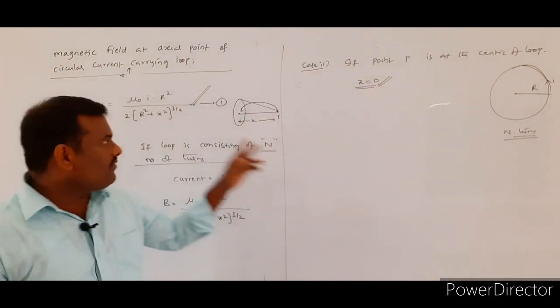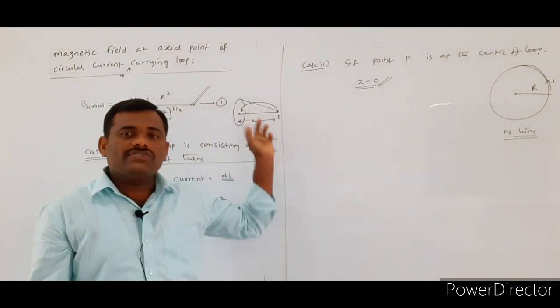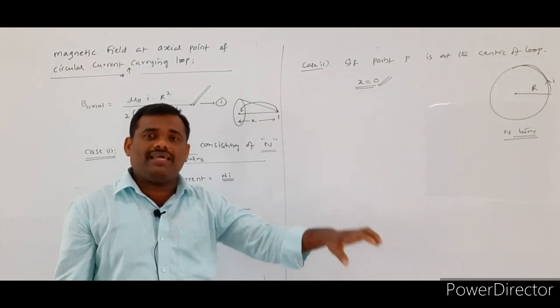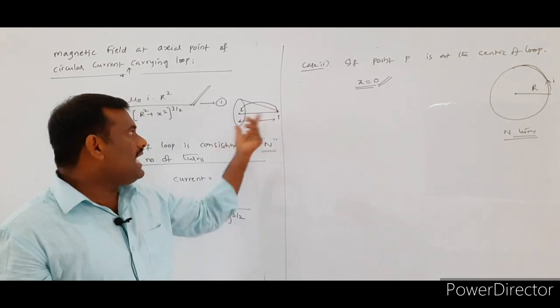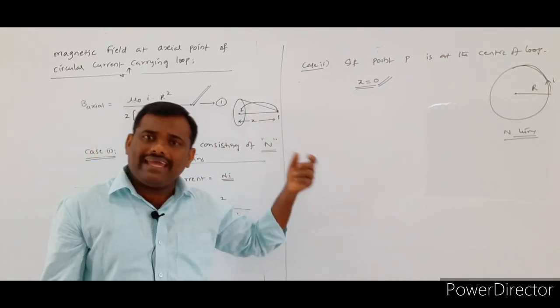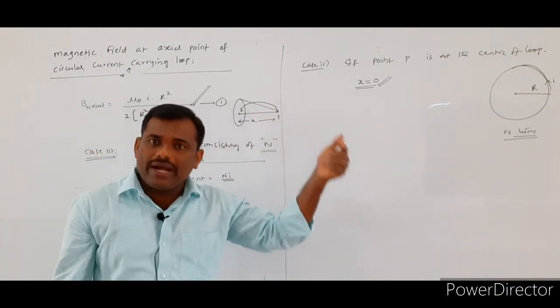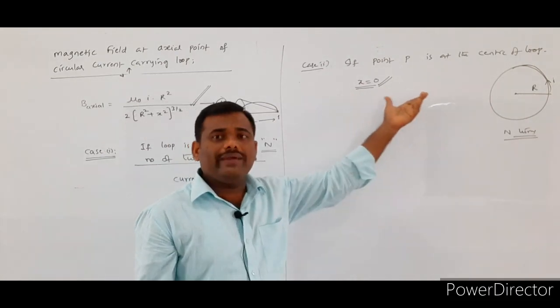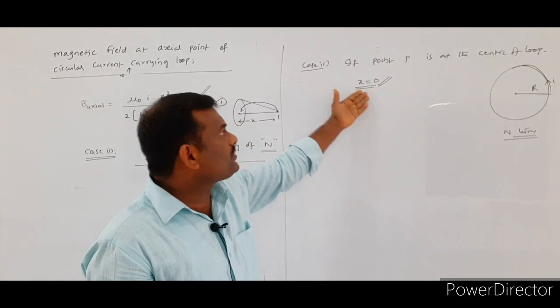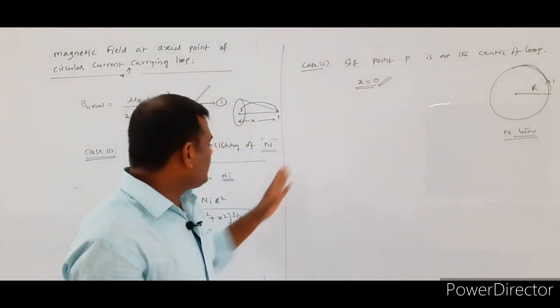Is it right? Whenever it is on the axial line, we measure some distance from the center of the loop to the particular point P. At that time, x value exists. Whenever the same point P comes to the center of the loop, x value becomes what? 0. Now substitute x equal to 0 in the general equation.